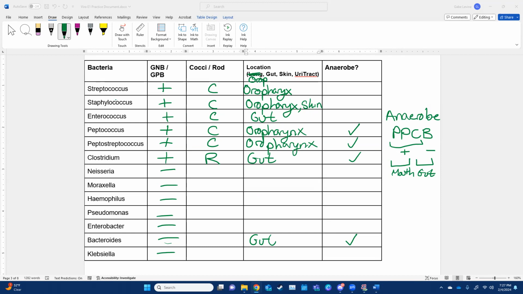Neisseria and Moraxella. What I will tell you is that Haemophilus is a special one where it's a combination of the two. So it's called a coccobacillus. Everything else is a rod.